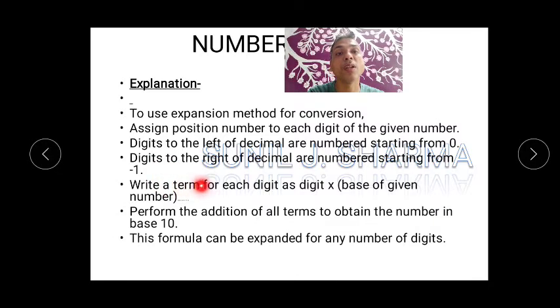Write a term for each digit as digit times base raised to its position. Perform the addition of all the terms to obtain the number in base 10. This formula can be expanded for any number of digits. Those who have not understood, we will see the example.